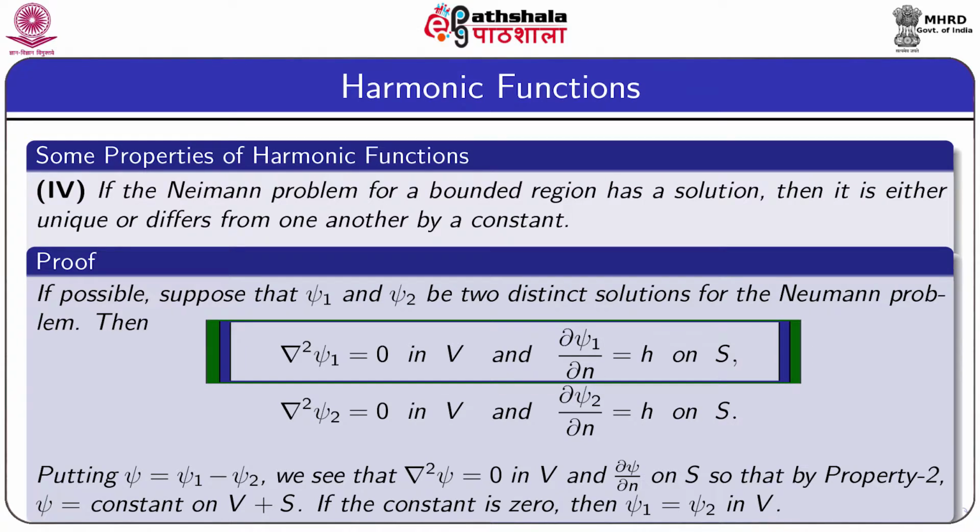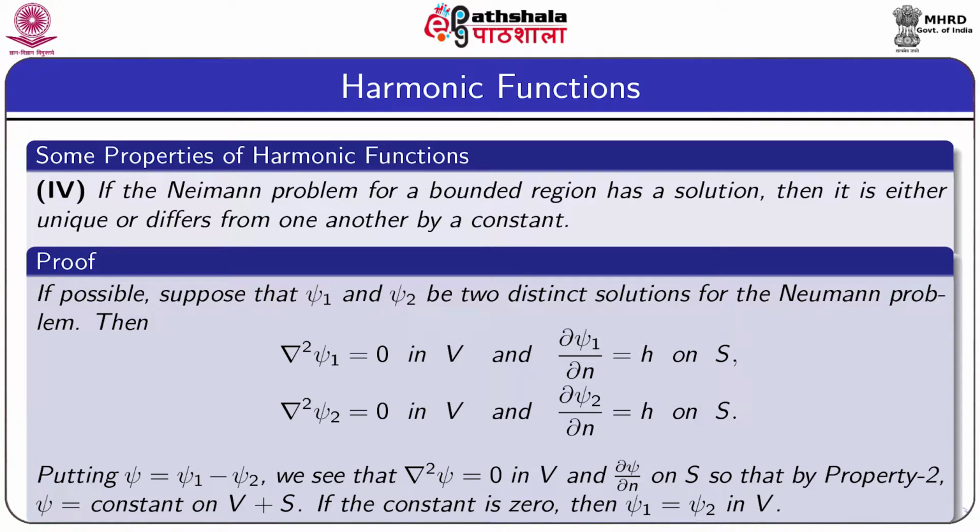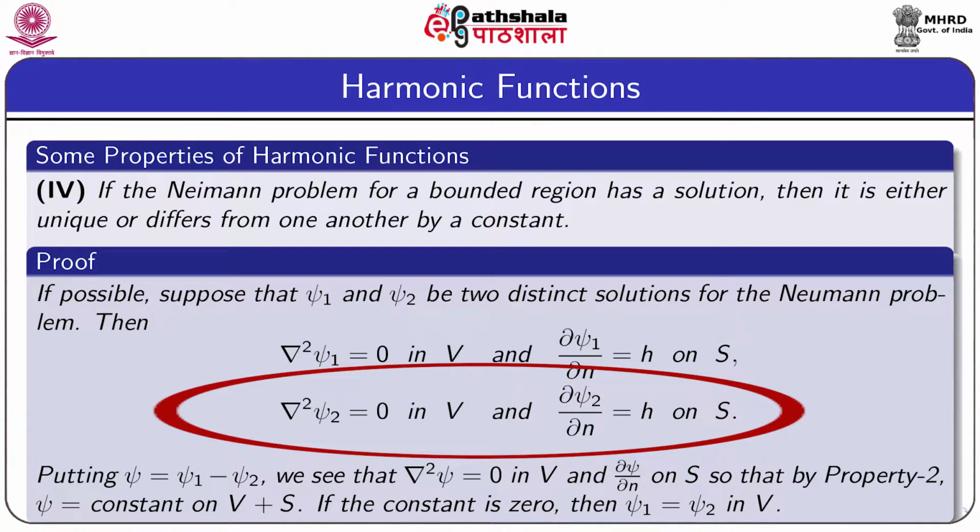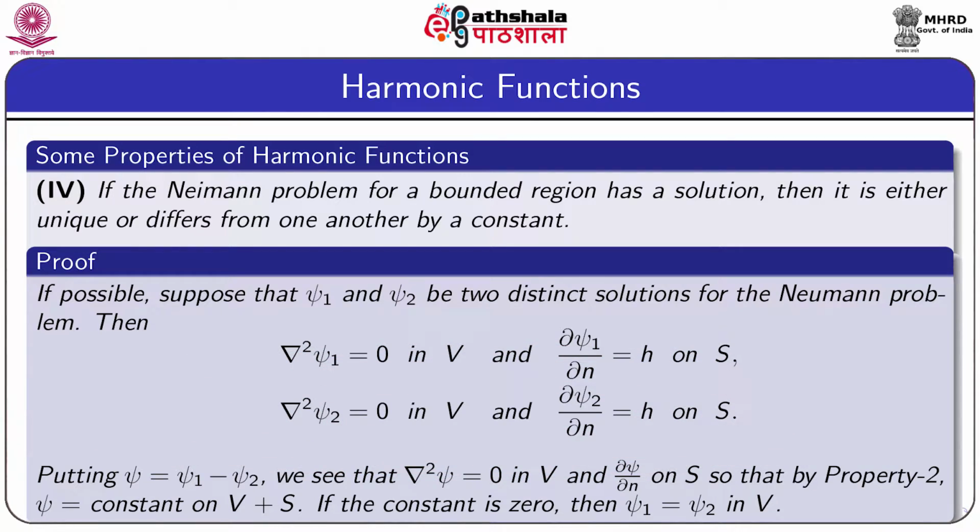This implies grad square psi 1 is equal to 0 in V and del psi 1 del n equals some known function h on S, and psi 2 will satisfy grad square psi 2 equals 0 in V and del psi 2 del n equals h on S. In a similar manner, we assume a function psi which is the difference of the above two functions psi 1 and psi 2.